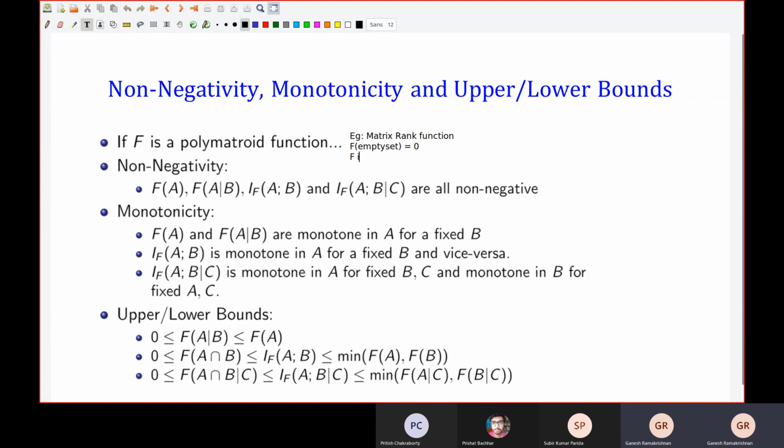F is monotone, right? F is submodular. When we talk about the argument, it's basically a set of columns.